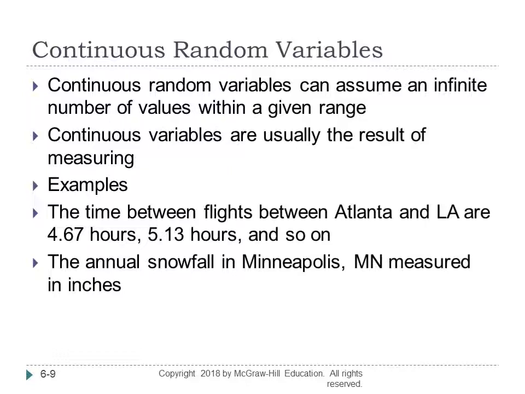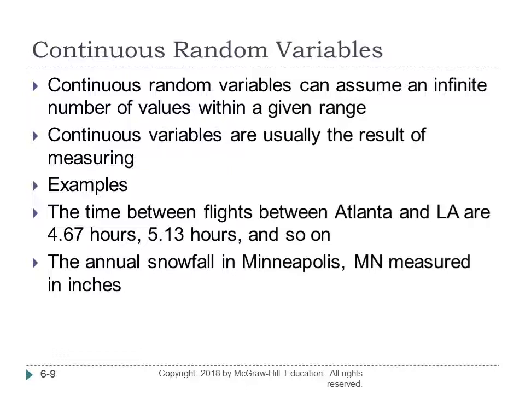And here are examples. The time between flights between Atlanta and LA are 4.67 hours, 5.13 hours, and so on. Any time your measurements represent time, this is an example of continuous data, and therefore a random variable that measures the time between flights can be thought of as a continuous random variable.